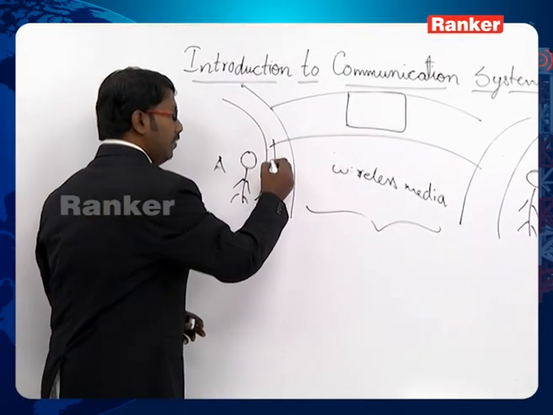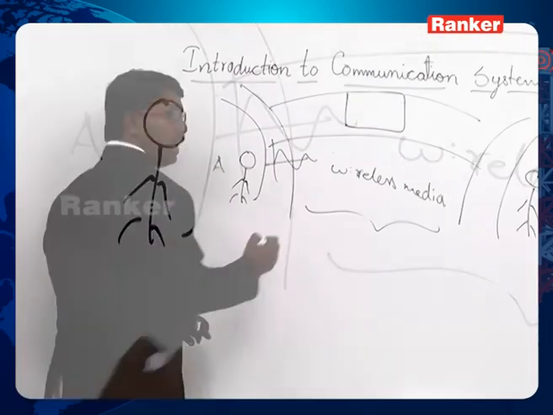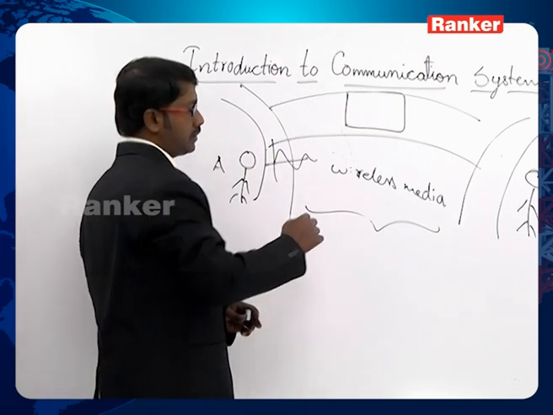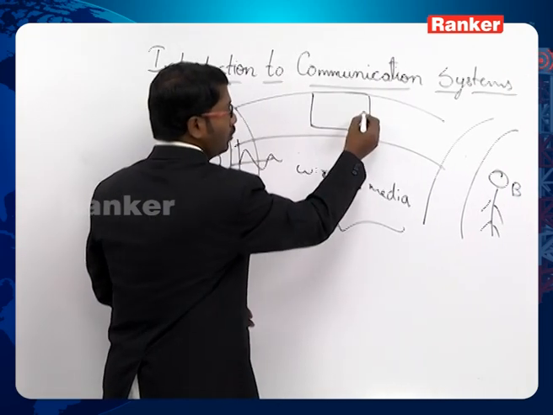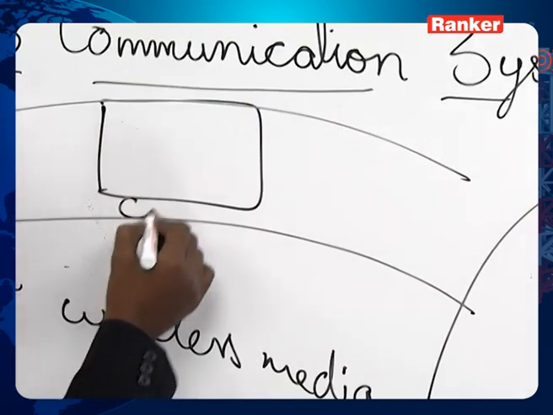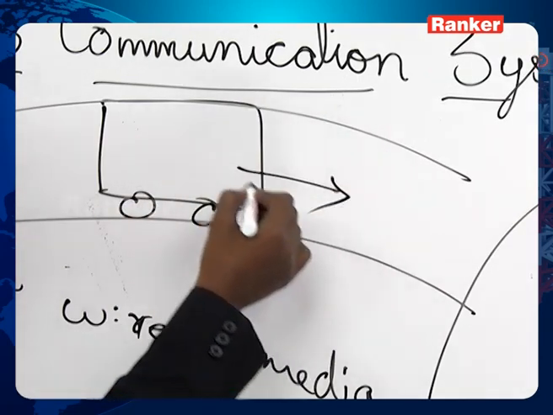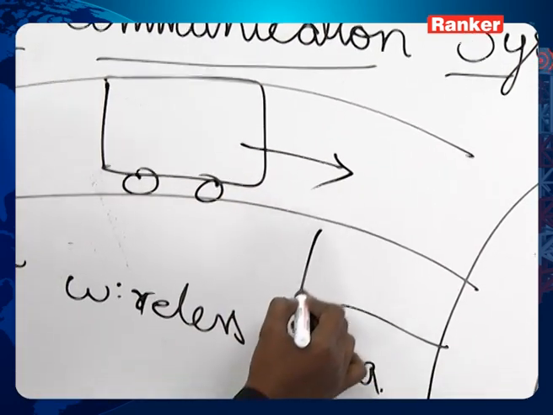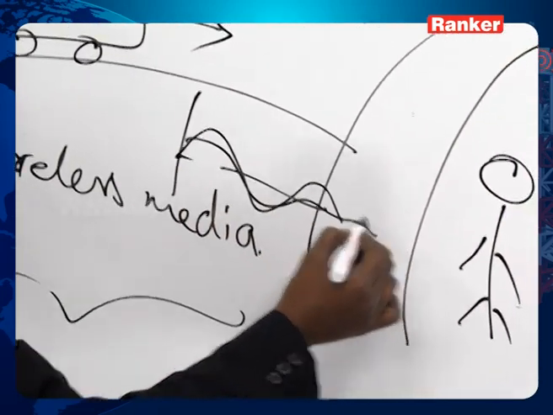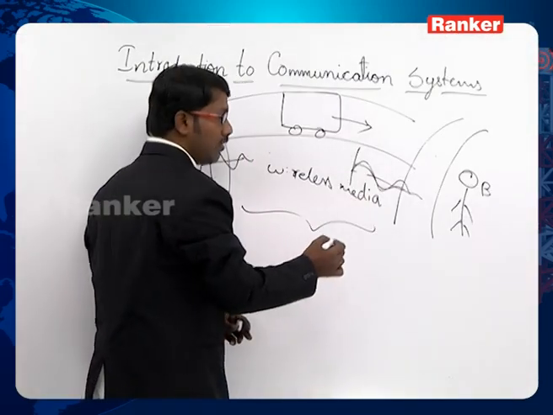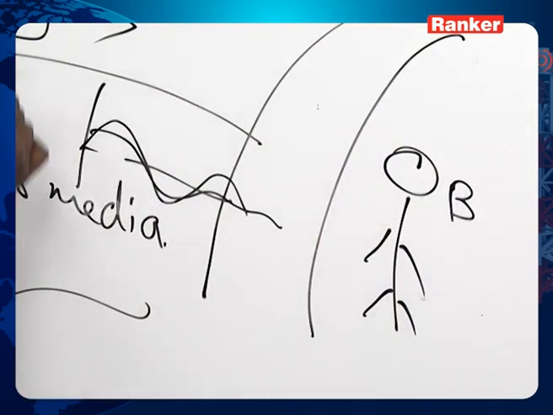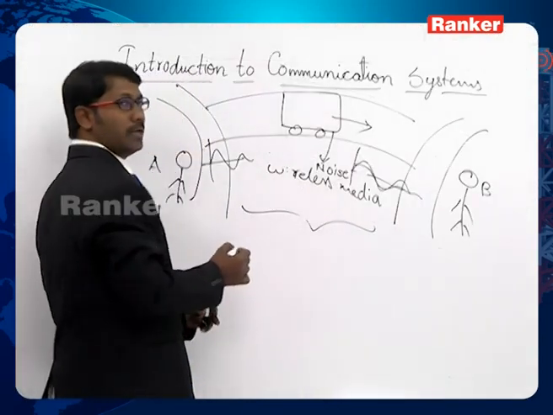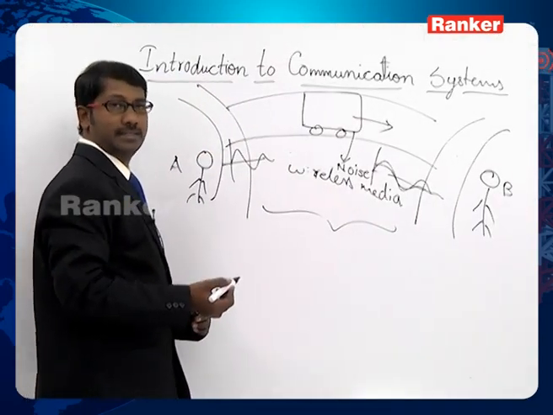So the signal which is emanated from A is now reaching B, but not only the signal coming from A is reaching B, but also a signal which is because of the noise, because of the horn sound, is also acting as a signal, and this is getting superimposed on my original signal and deteriorating the signal quality at B. Now this is what I call noise. Noise is something which is an unwanted signal.